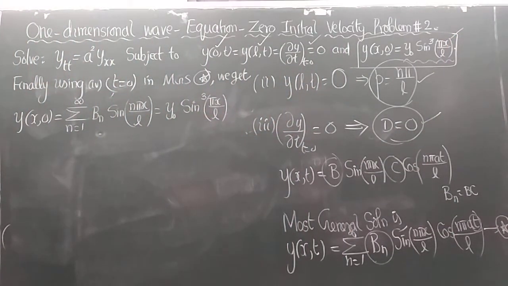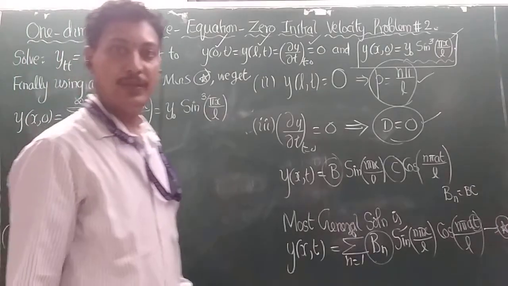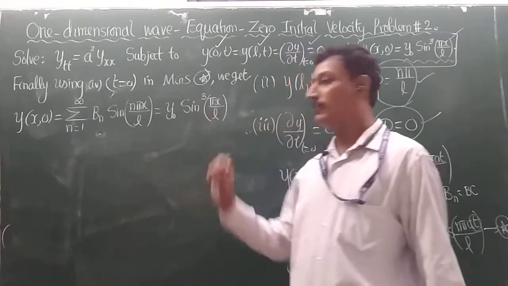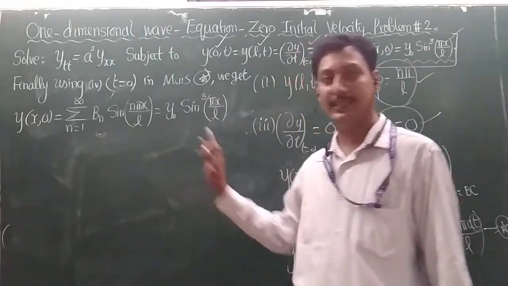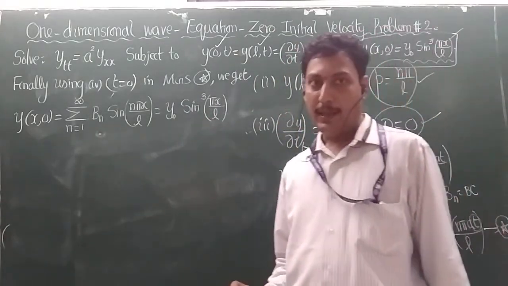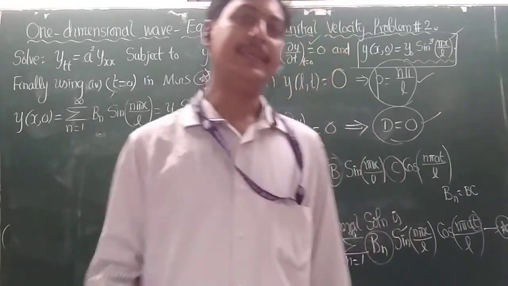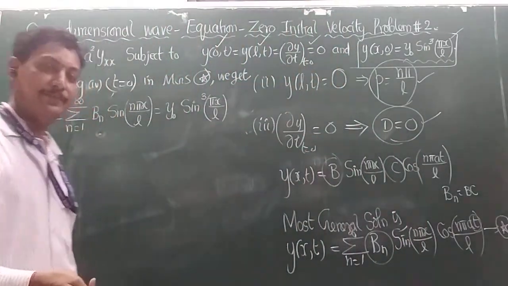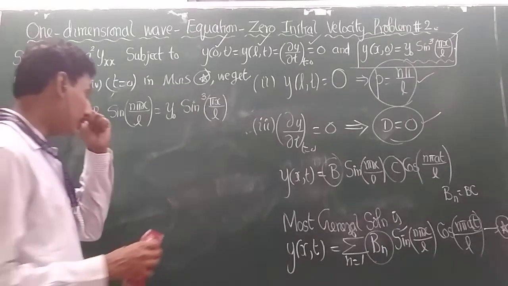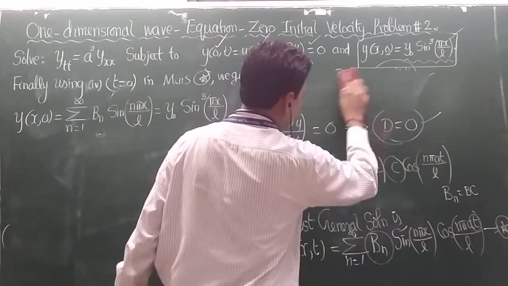This is the trigonometric type. Usually we expand this function as a Fourier sine series. But in this case, it's a trigonometric type, so I introduce a different technique.